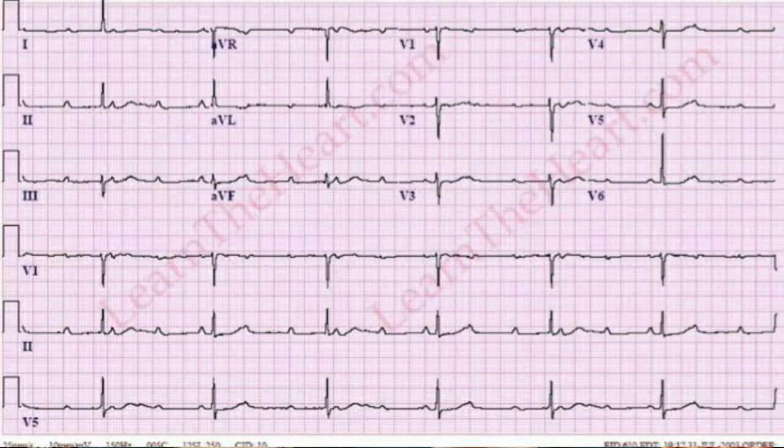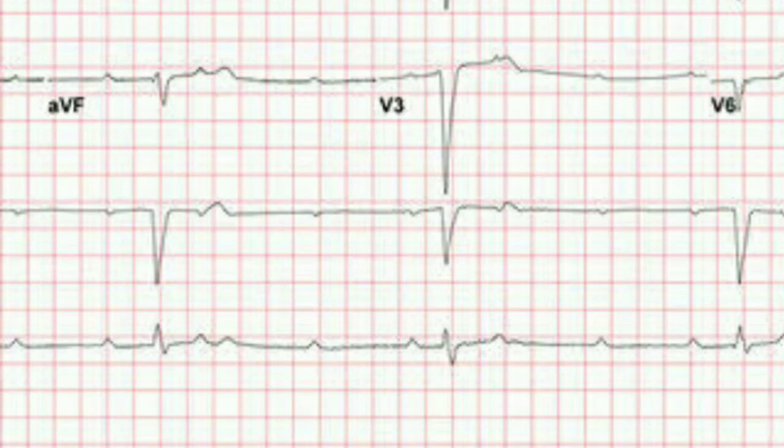They are no longer functioning together. Initially they are married. P is followed by the QRS complex, but here they are divorced. You will have to find out P after P, and you will have to find out QRS complexes separately.